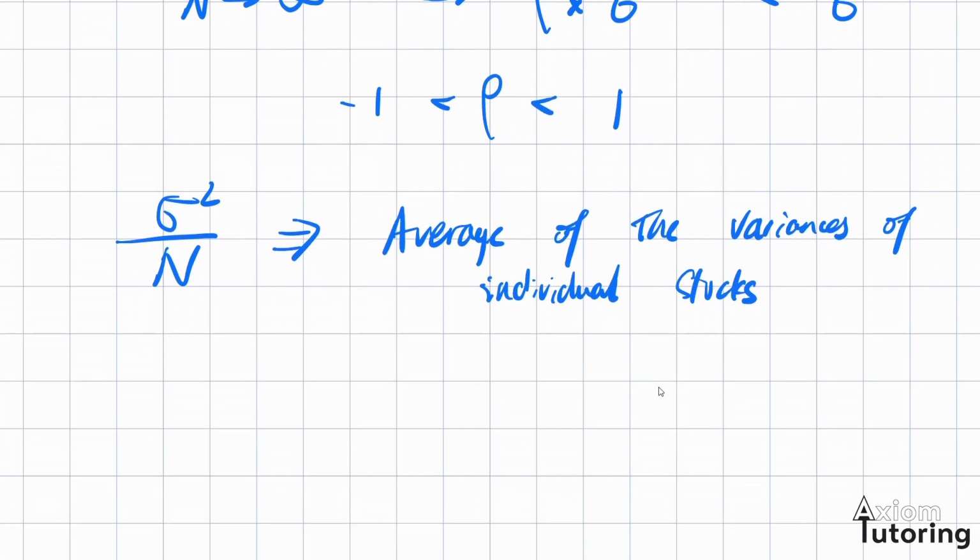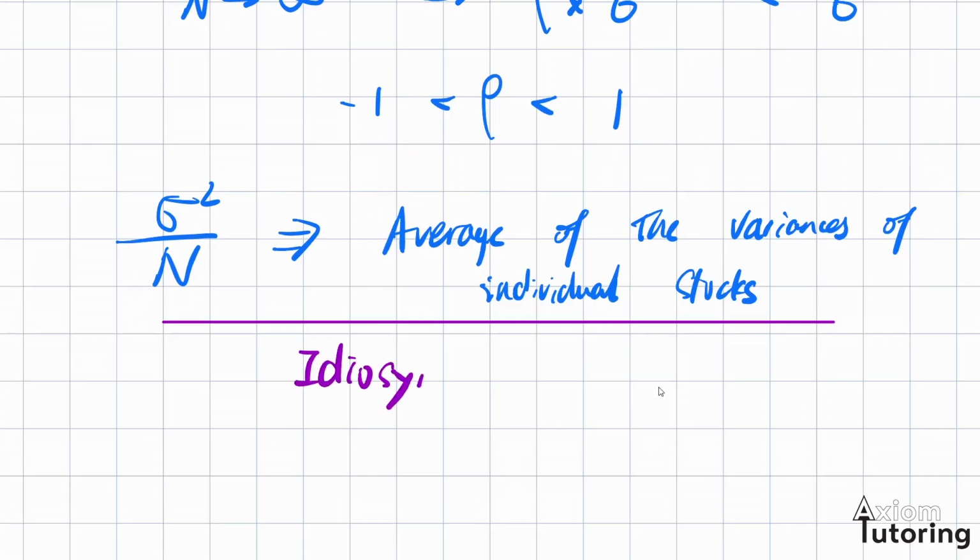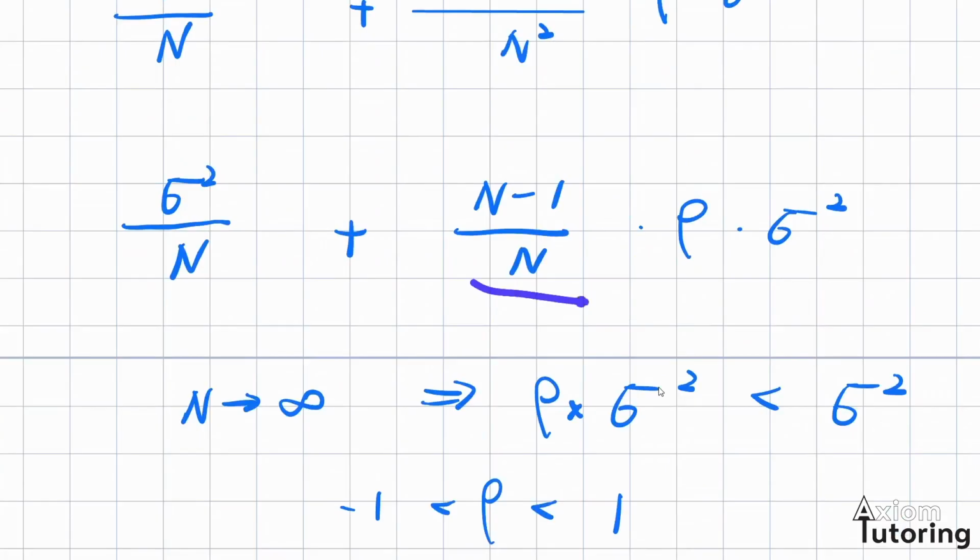So sometimes we also call this part the idiosyncratic risk or individual risk. But this part, however, you cannot make 0, right?